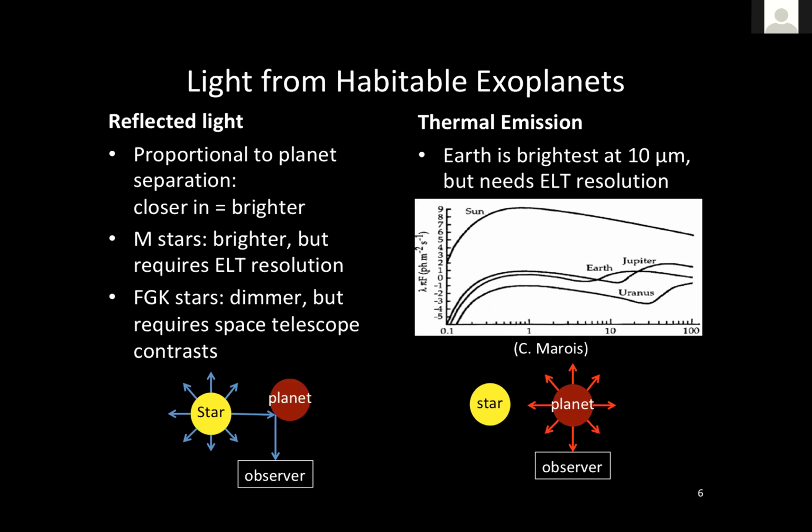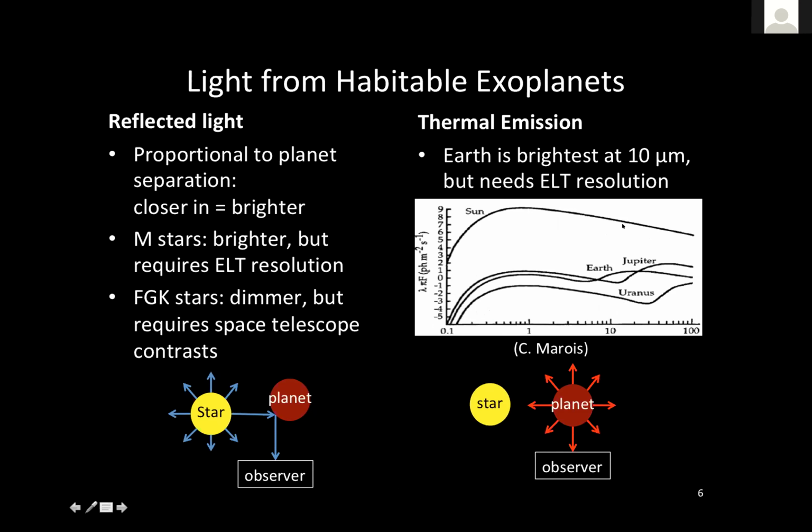So in terms of ways we can do a habitable exoplanet detection with direct imaging, there's not one. We could look at the light reflected by the planet that's emitted by the star, or we can look at the light emitted by the planet from thermal emission. And there are a lot of different ways these two approaches are thought about being done.